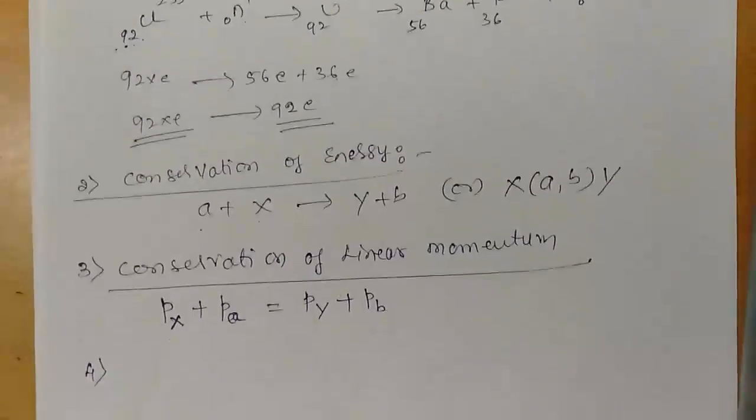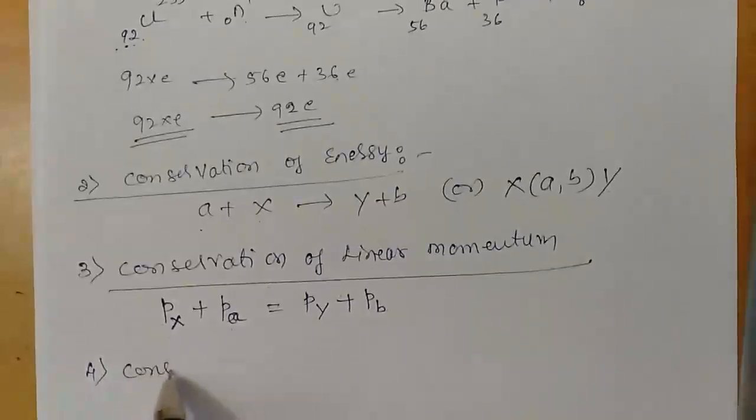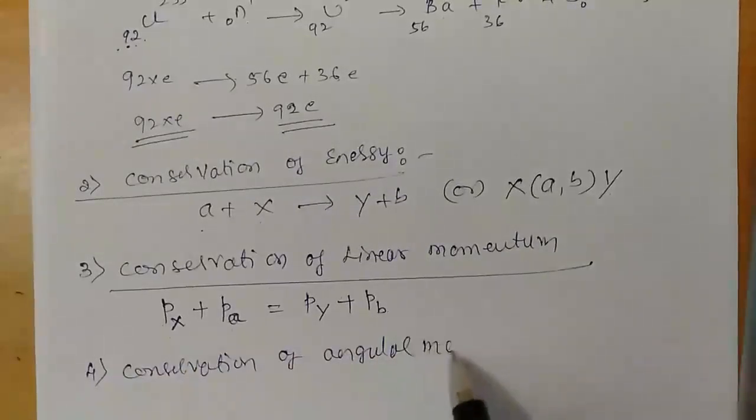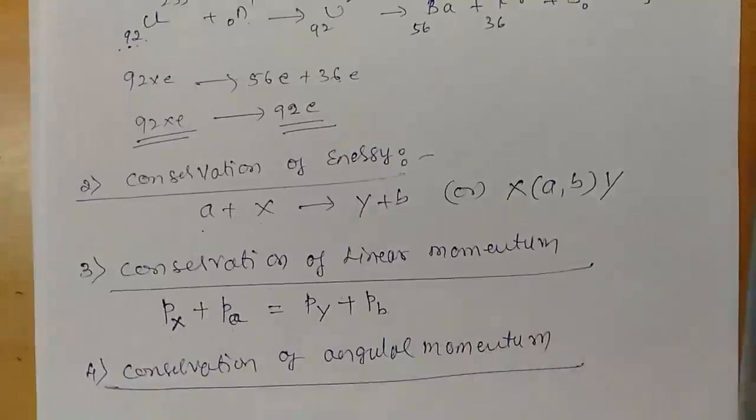So next we have the law of conservation of angular momentum. If you look into the angular momentum part, the angular momentum is nothing but the vector sum of the spin angular momentum and the orbital angular momentum of any element, whether it is the residual nucleus or the target nucleus.